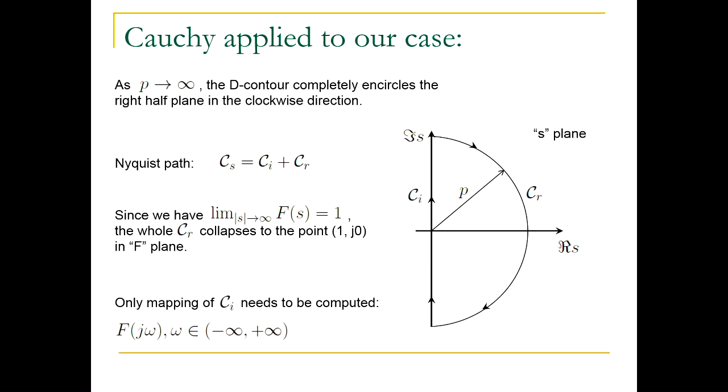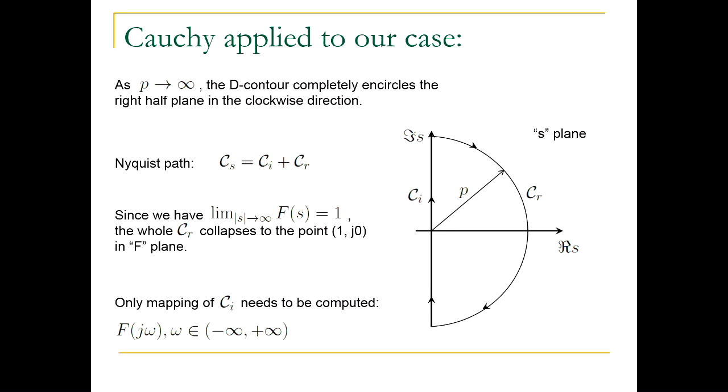Since on CR, whenever we are traveling on the points here, norm of S is infinity, from the previous conclusion we conclude that on CR this holds, for any point on this semicircle. So all points on this semicircle map in F plane into point 1.